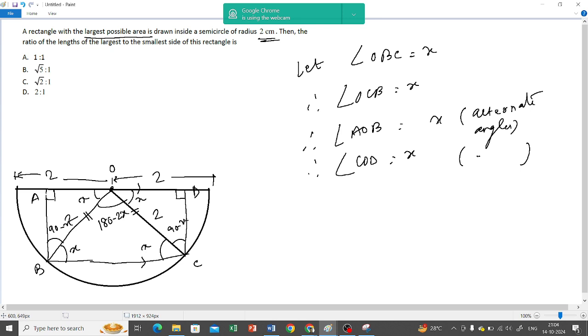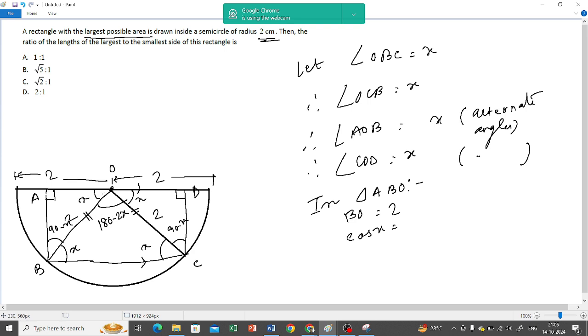আচ্ছা, তাহলে দেখো in triangle ABO, in triangle ABO I have BO as 2 centimeter. If I take cos x, তাহলে কী হবে?